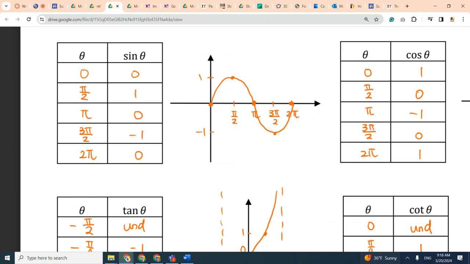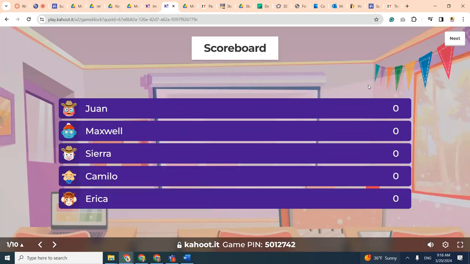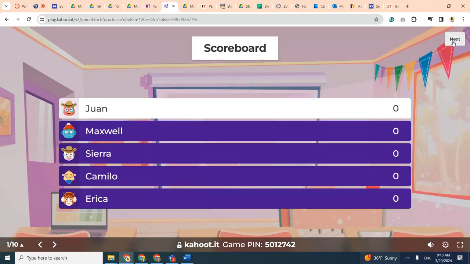In this case, your theta is pi over 6, so this point is pi minus pi over 6, which is 5 pi over 6. Is that okay, everybody? So it's not just one number, it's actually two numbers. All right. Next.